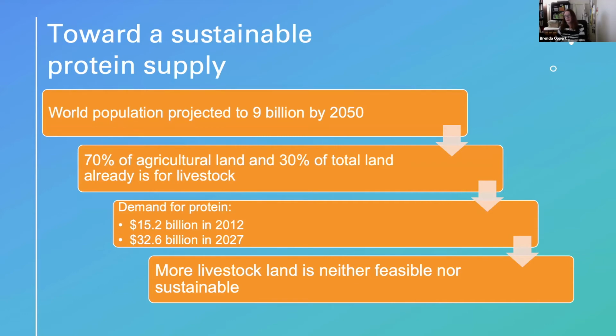The world population is predicted to increase to 9 billion by 2050. We already devote 70% of agriculture land and 30% of the total land in the world to raising livestock. The demand for protein is increasing as the population increases, but we will not be able to increase the amount of protein through traditional livestock to meet the demand.